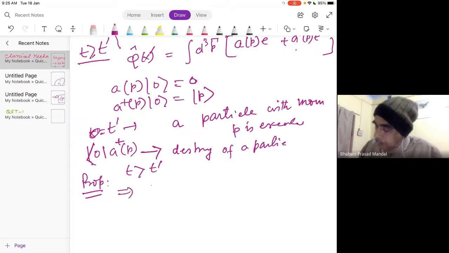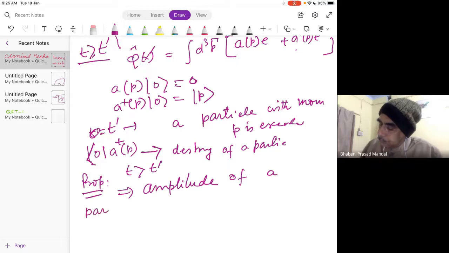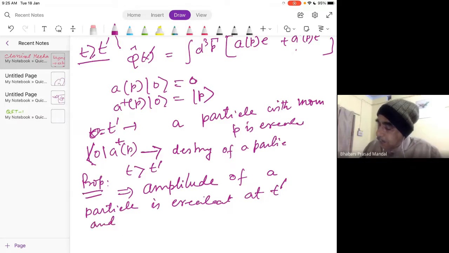The propagator is the amplitude of a particle being created at t prime, where t prime is the earlier time, and destroyed at time t.